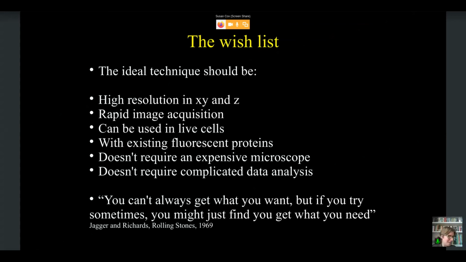And this was obviously my first experience in trying to talk to biologists about technical requirements, because I got a very long list, and of course it wasn't all achievable. The ideal technique, they said, should be high resolution in all 3 dimensions with rapid image acquisition, should be usable in live cells with existing fluorescent proteins, shouldn't require an expensive microscope, and shouldn't require complicated data analysis.